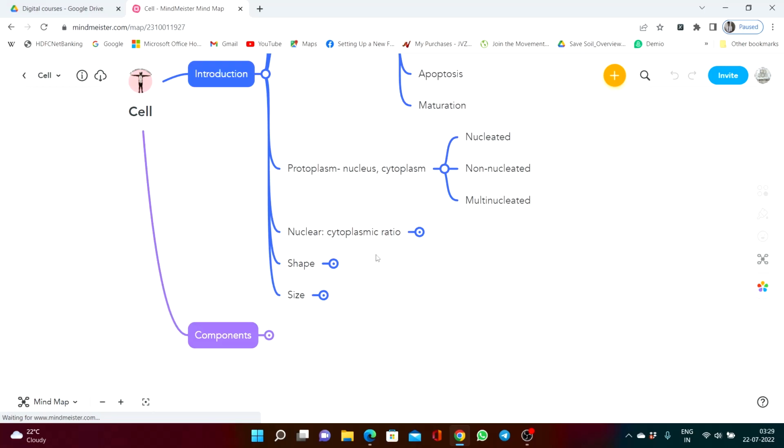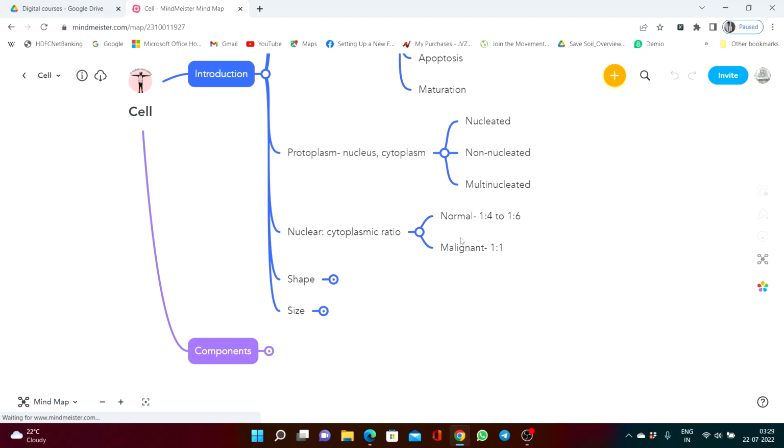That is, the amount of cytoplasm to that of the nucleus can vary depending on their specific functions. The ratio of the nucleus to the cytoplasm in a normal cell is 1:4 to 1:6, and in malignant cells and embryonic cells it is 1:1.